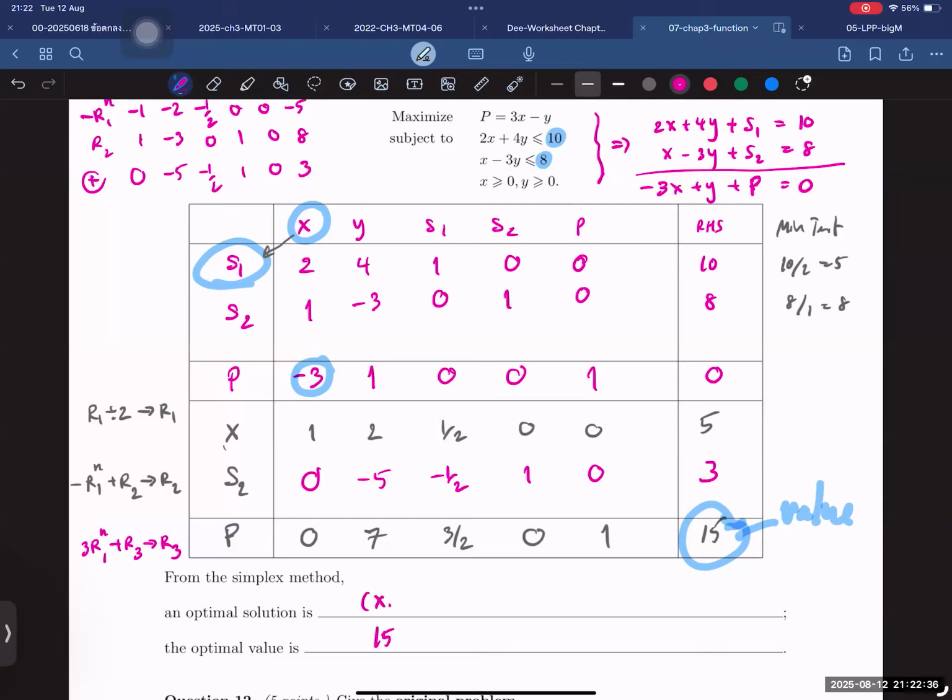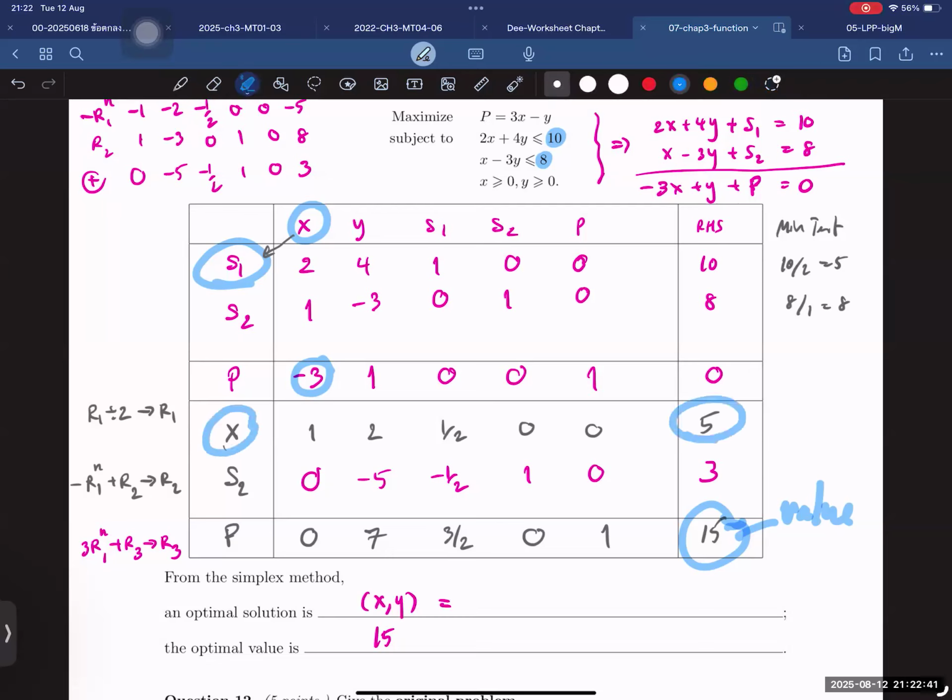So x is 5, and we have no y here, which means that y is 0. Okay, that's it.